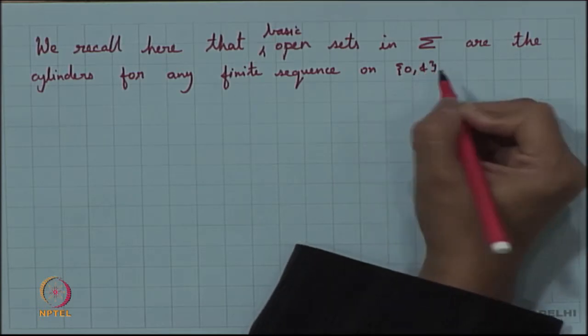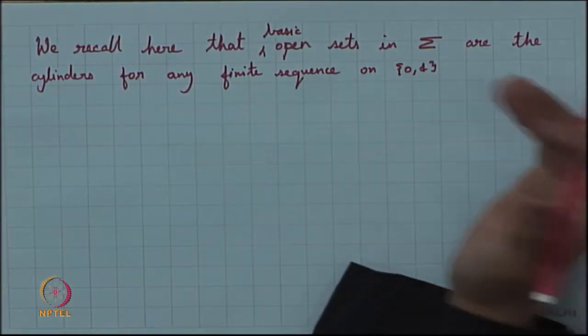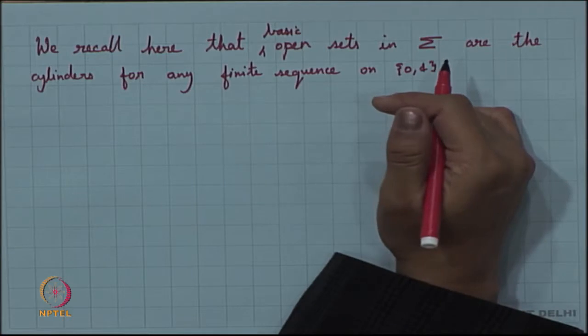If I take any finite 0 1 sequence and define the cylinder set, that gives me a basic open set.